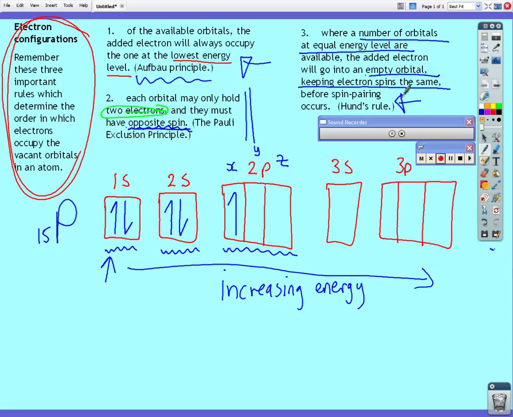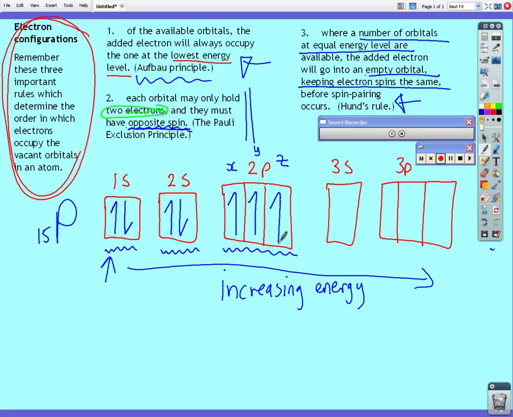Not very friendly. Anyway, so our 6th electron is going to go into an empty orbital, but with the same spin. Our 7th electron does the same. So we've got 7 electrons, 8 left to go.